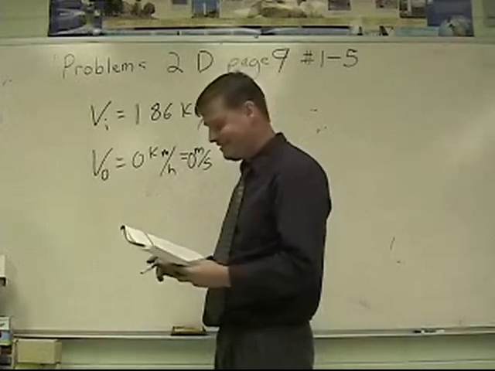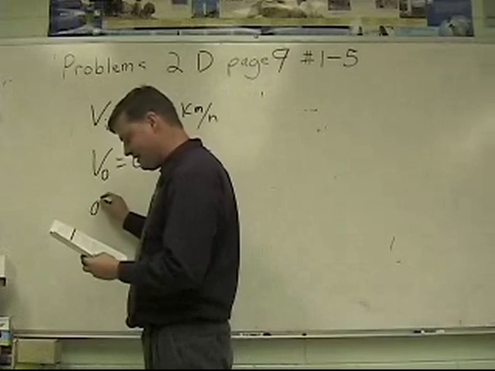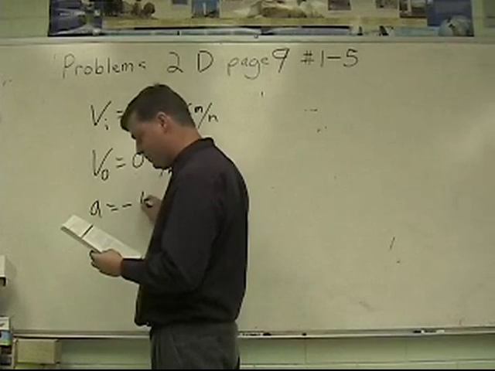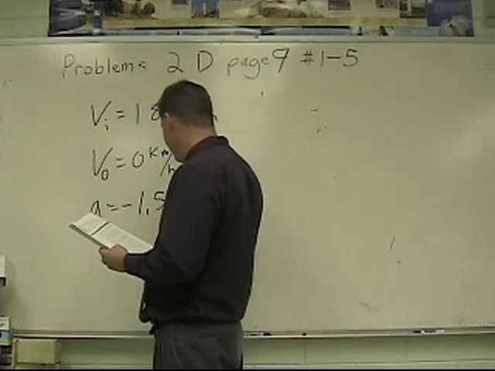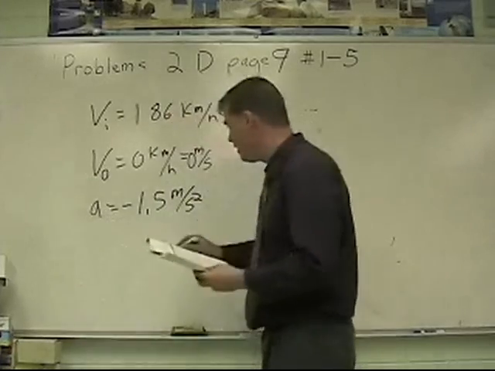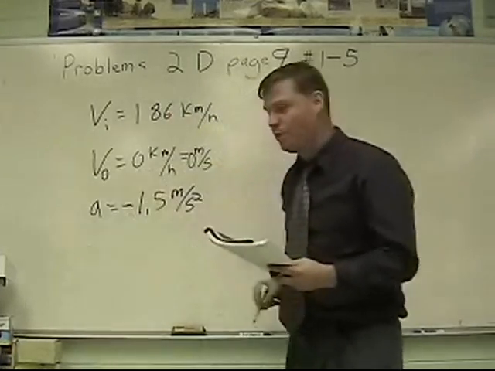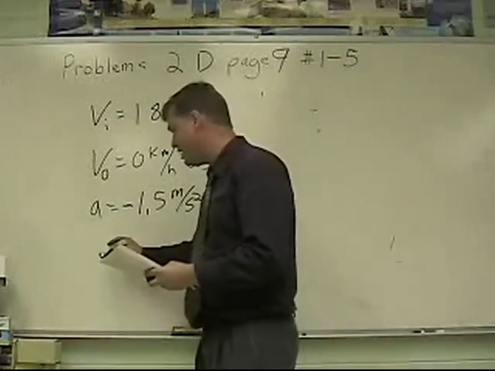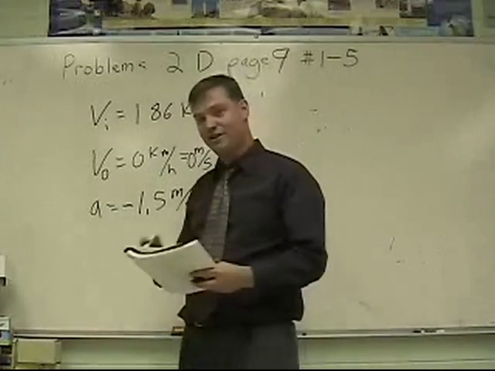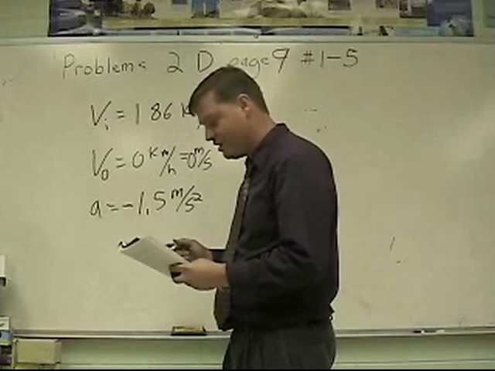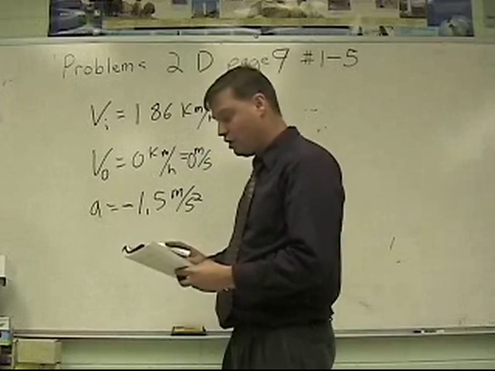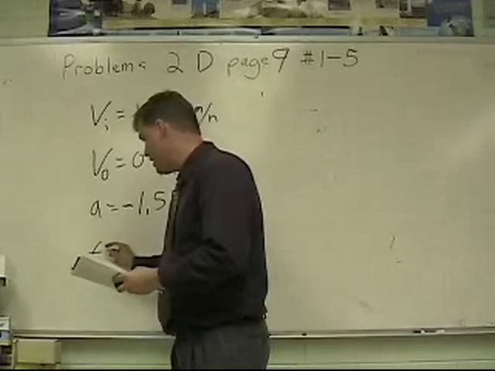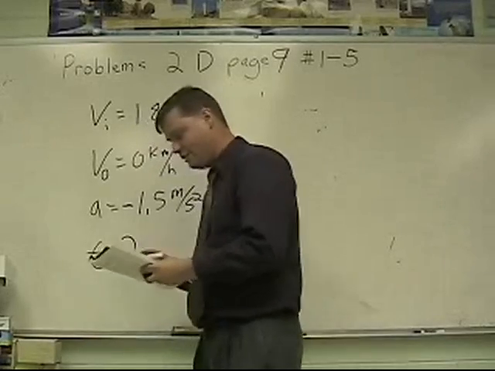It converts very nice, I know. And an acceleration of negative 1.5 meters per second squared. Negative 1.5, meaning that it is actually decelerating. Negative acceleration is slowing down, or deceleration. And we're looking for how long did it take, our time.